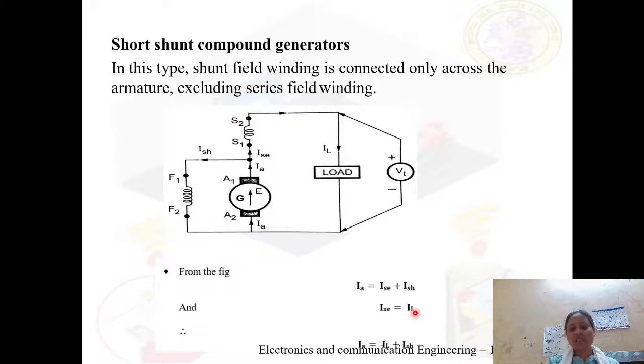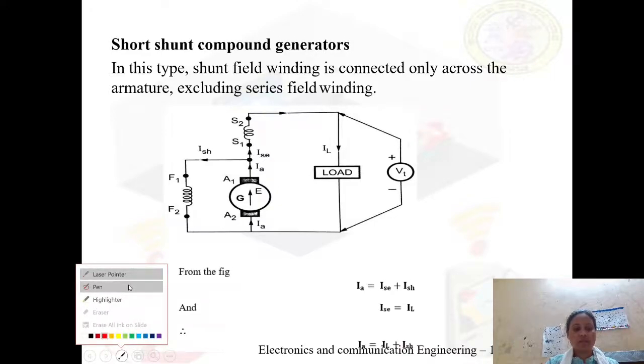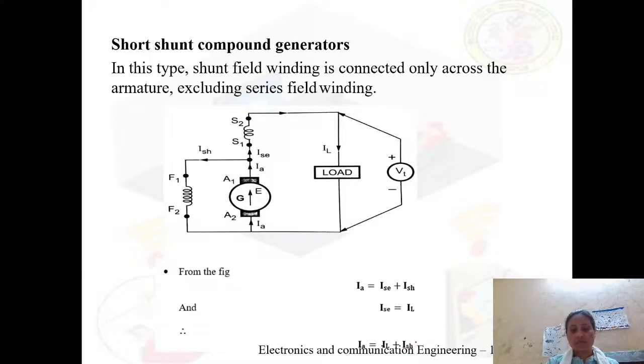And since ISE is equal to IL, we can also write the armature current IA as IL plus ISH. So, in this expression, replacing ISE with IL, we can write IA as IL plus ISH.